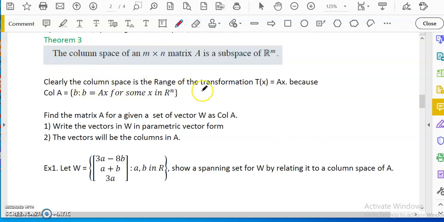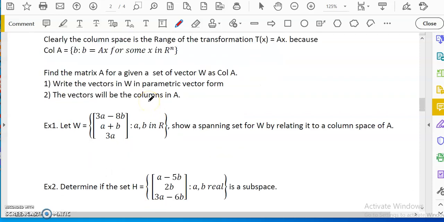The proof follows because it's a spanning set. Clearly, the range of the transformation related to Ax is actually Col A, because Col A is all the linear combinations of the columns of A. When you do Ax, it is just a linear combination of the columns of A, with x being anything in Rn.